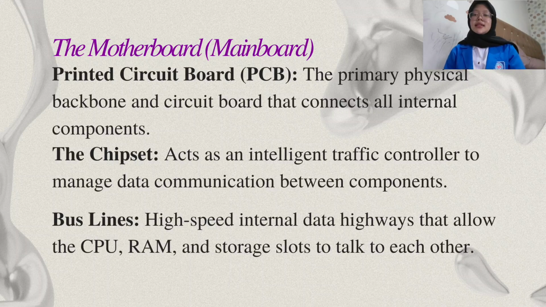It contains the chipset, which acts like a traffic controller, ensuring that data moving from the CPU to the graphics card or storage arrives at the exact right destination without any collision. Let's take a closer look at the brain attached to this board on slide 6.